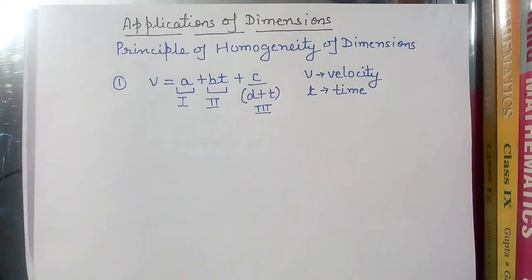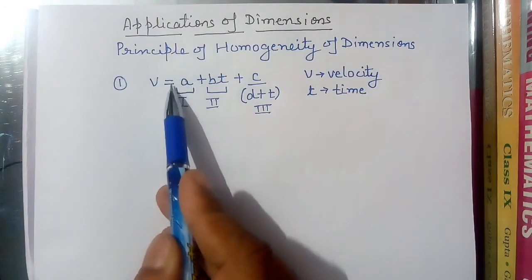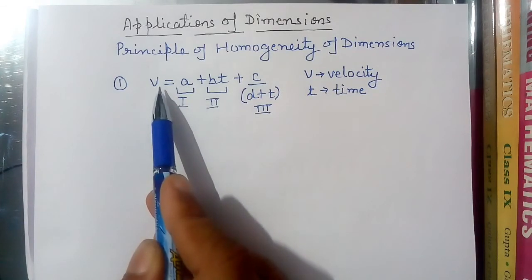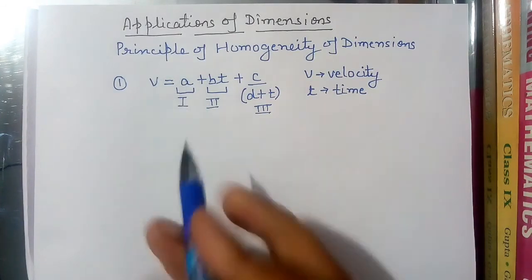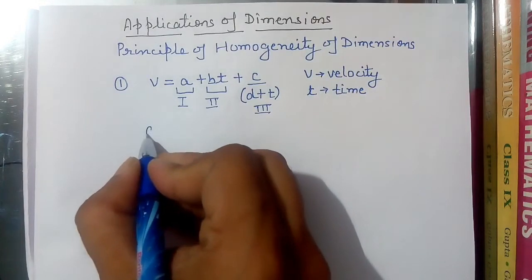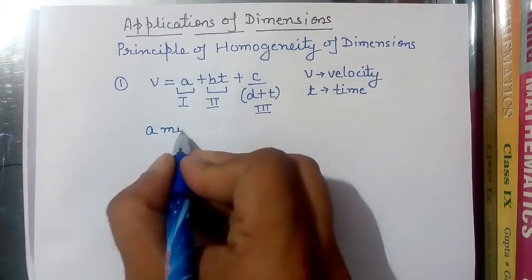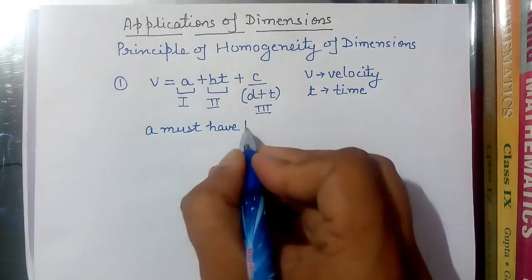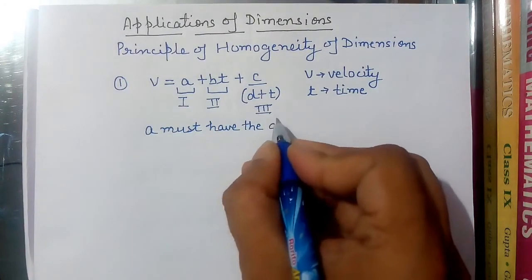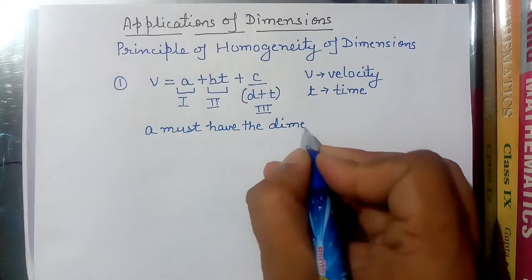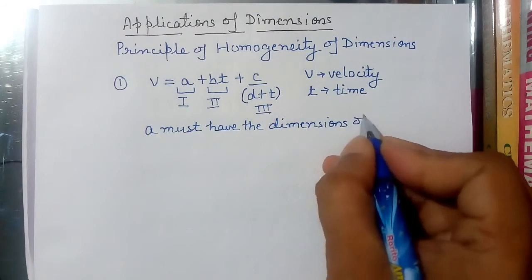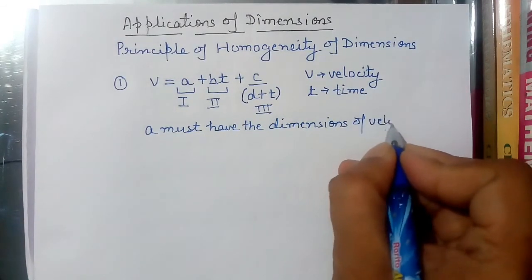Now first I am taking A. It's a single term, so this must represent velocity, so A must have the dimensions of velocity.